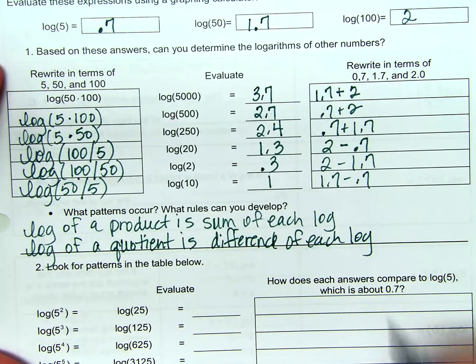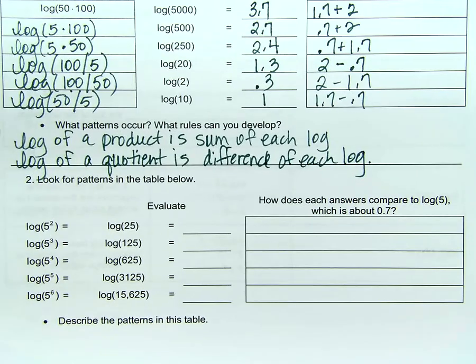Yes? Okay. Look for patterns in the table below. Ooh, more patterns. See, if I give you formulas, you're just like, oh, I hate formulas. But if you figure out the formula yourself because of patterns, then you feel like a genius. Partially because you are, because not everybody can see patterns.